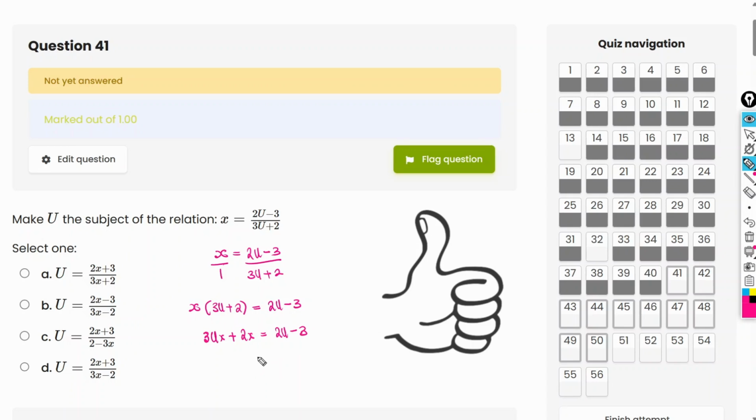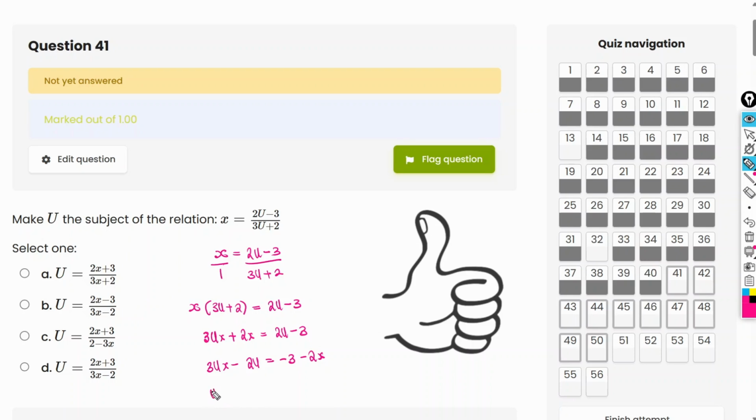All right, so the next thing now is, since I'm trying to make u the subject, I would collect all the u's on one side, right? I would collect like terms in that manner. So I would have 3ux minus 2u is going to be equal to minus 3 minus 2x. So I can factor out u from here.